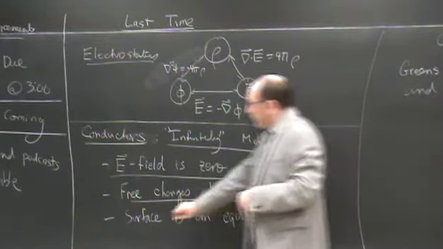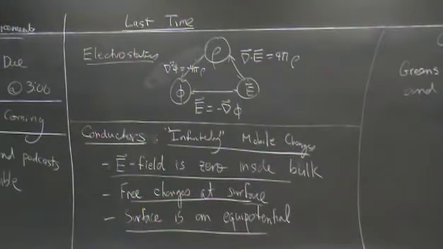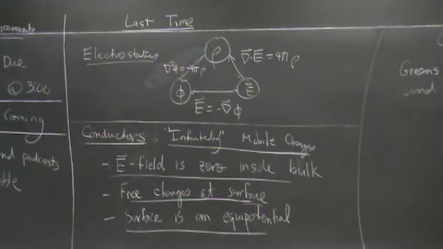So what that means is that quite often problems, chapters 2 and 3 of Jackson, are all about solving for the electrostatic potential in the presence of conducting boundary conditions. It's often a problem we care about from practical considerations.